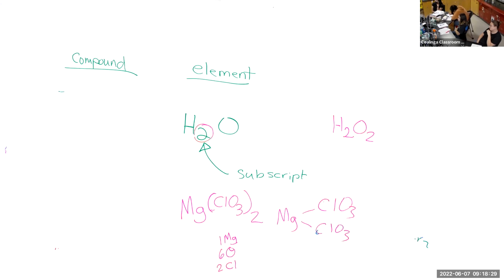So if I have this, it is hydrogen peroxide. How many hydrogens do I have in hydrogen peroxide? 2. How many oxygens do I have in hydrogen peroxide? Simple, right? Okay. Say I have this.